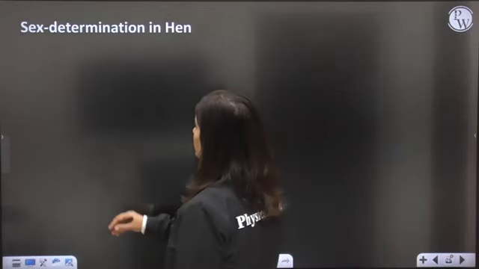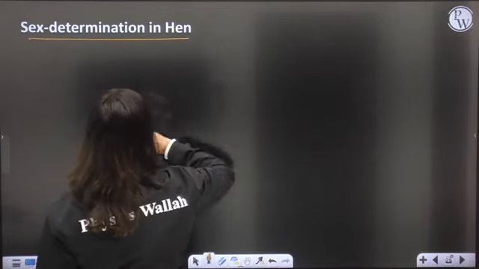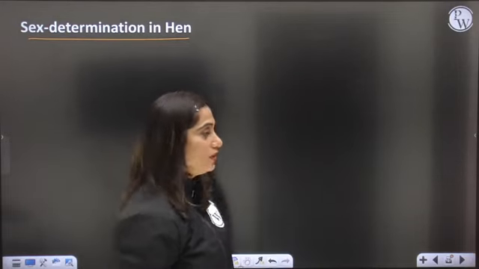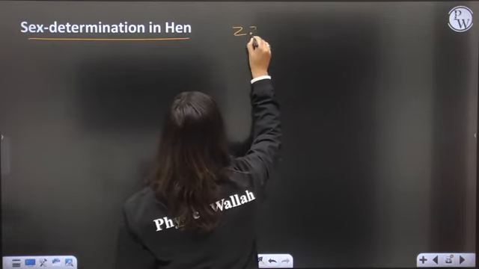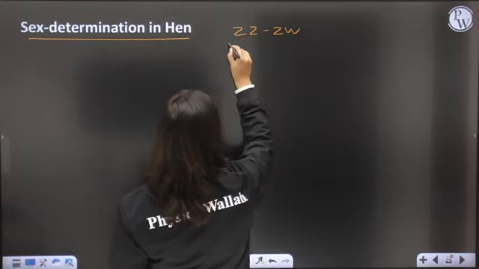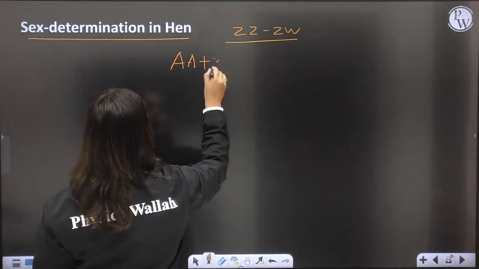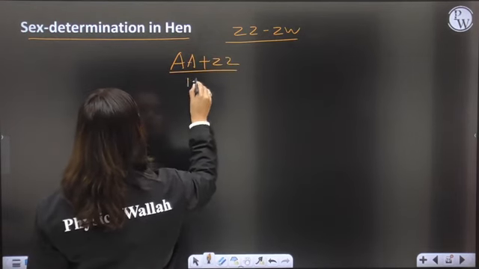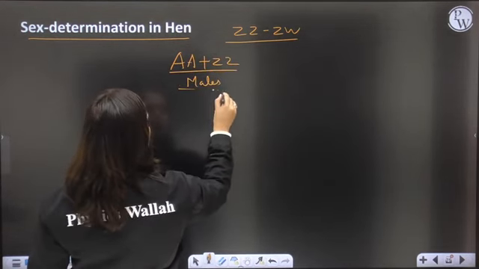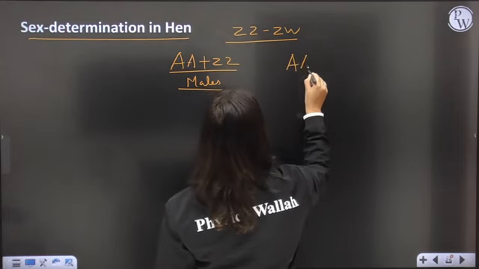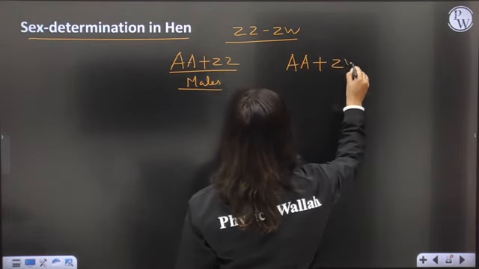Sex determination in hen. In hen, the male does not decide the sex of the progeny, but the female decides the sex of the progeny. Female is dominant. So ZZ, ZW. Here the males would be AA plus ZZ and the females would be AA plus ZW.